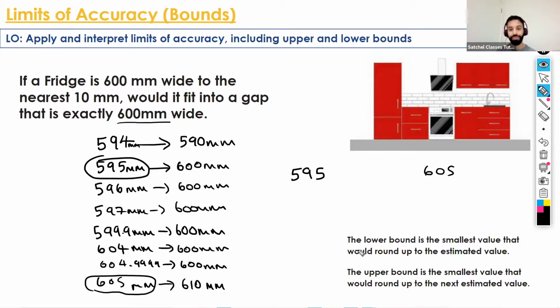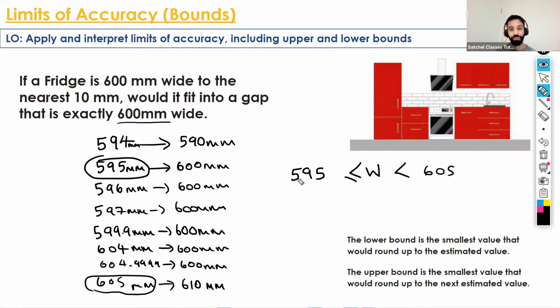If we think about the definitions, the lower bound is the smallest value that would round up to the estimated value. So this is the smallest value that would round up to 600 millimeters. The upper bound is the smallest value that would round up to the next estimated value. So 605 would round up to 610. In essence, the width of the fridge is greater than or equal to 595, but less than 605.